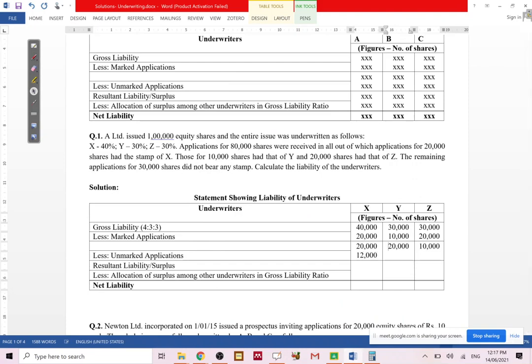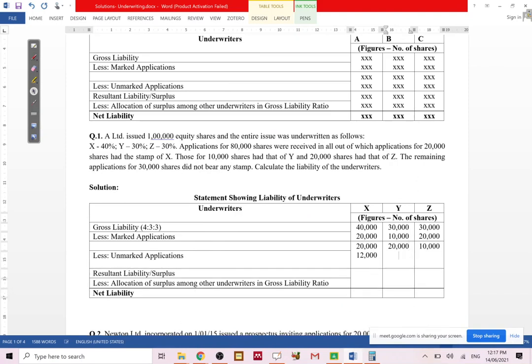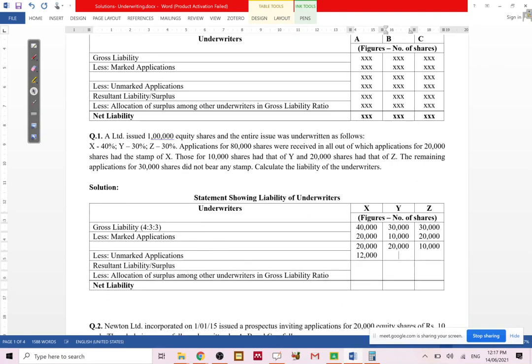Unmarked applications, 9,000 and 9,000. Is that fine? And then again we need to deduct this. Minus 8,000. Then this will be 11,000. Correct? And this will be 1,000.